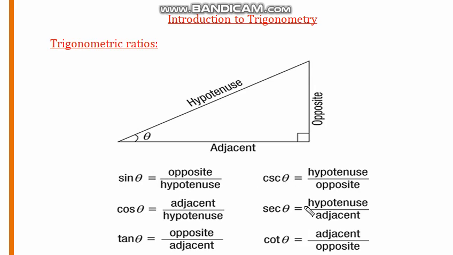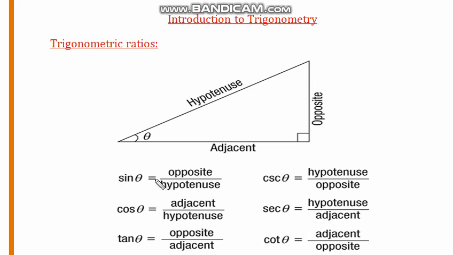The next one is secant theta, the ratio between hypotenuse and adjacent, which is the inverse of cos theta. The last one is cot theta, cotangent theta. The short form is cot. Cot theta is the ratio of adjacent by opposite, which is the inverse of tan theta.